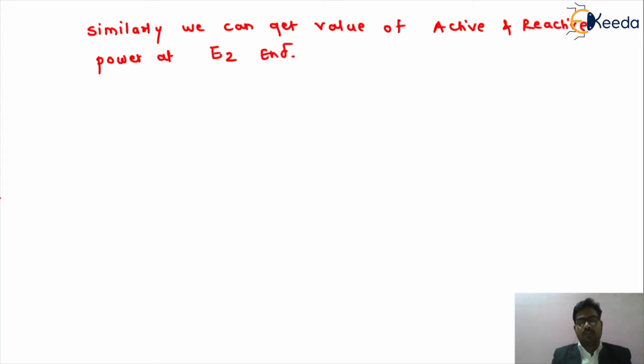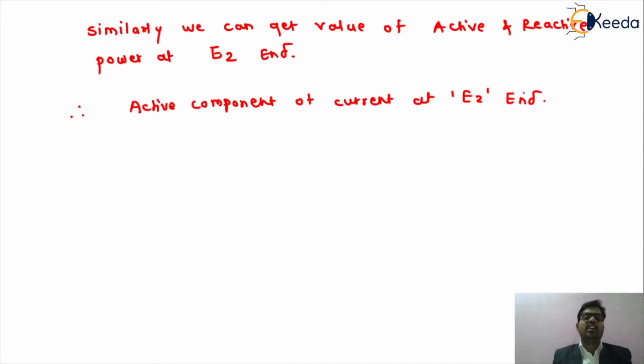Okay, so let's solve this equation. So again we have to find out the value of the active component of current at E2 end.